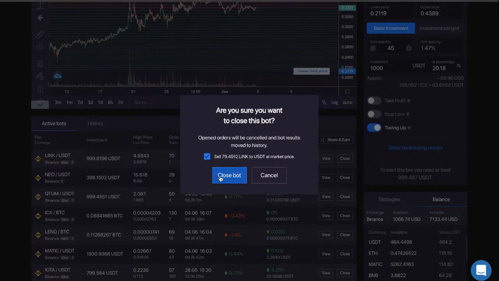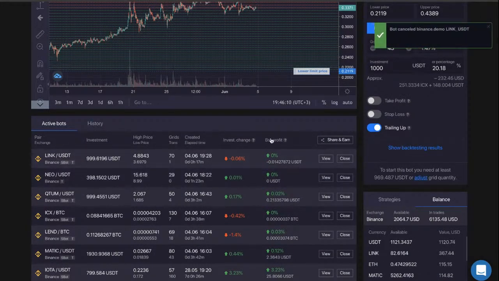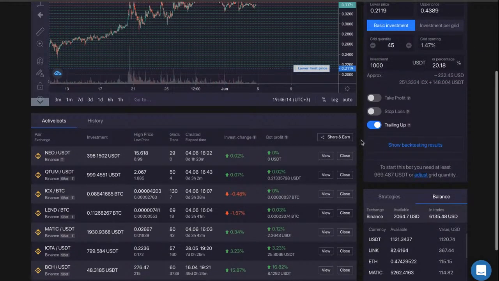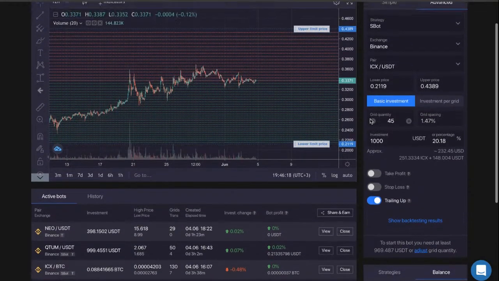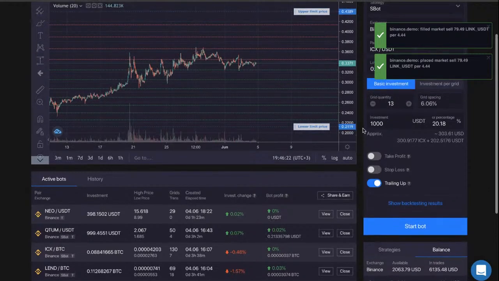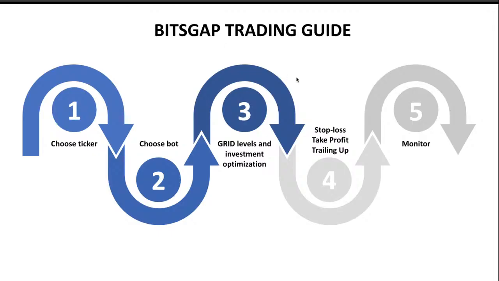So that's the full exit to the quote currency. I click on yes because I want to exit in USDT. I don't want any link to stay in my balance. So now I am able to initiate this trade, which is icon to USDT, adjust. Good. So that's pretty much the idea.